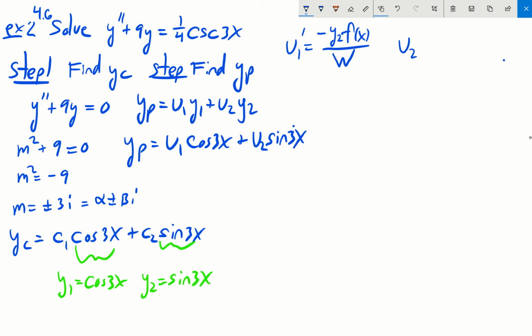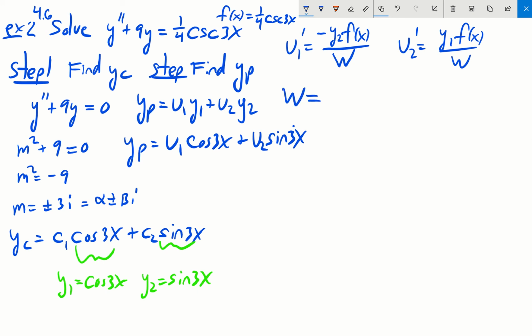And u2 prime is going to be equal to positive y1 times f of x divided by the Wronskian, where f of x for this differential equation is 1/4 cosecant of 3x. Okay. So let's go ahead and compute the Wronskian first.